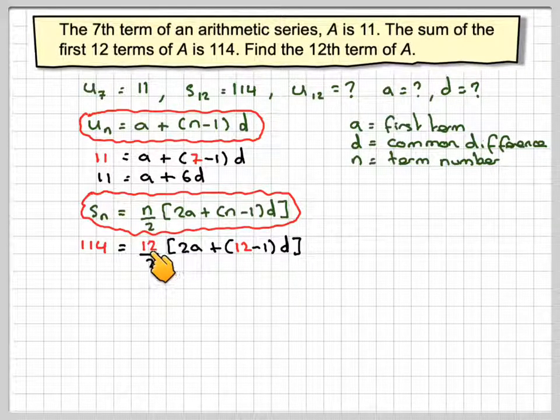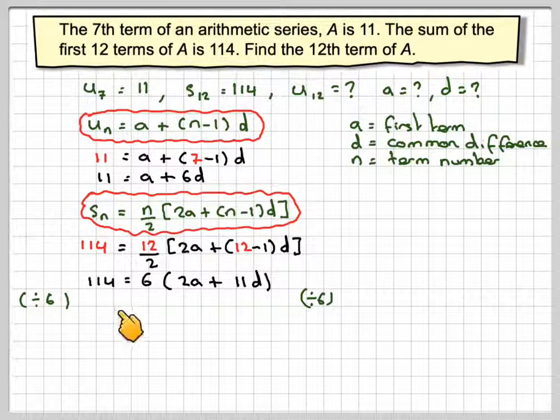We're going to simplify this a little bit. 12 divided by 2 is 6, and then 12 minus 1 is 11, so we get 2a plus 11d. And then if we divide both sides by 6, 114 divided by 6 gives me 19. We get 2a plus 11d.